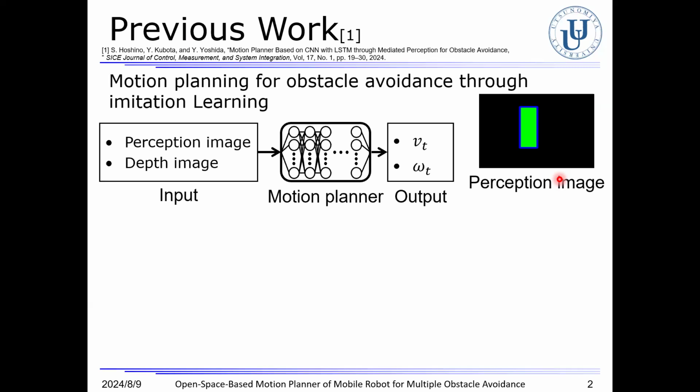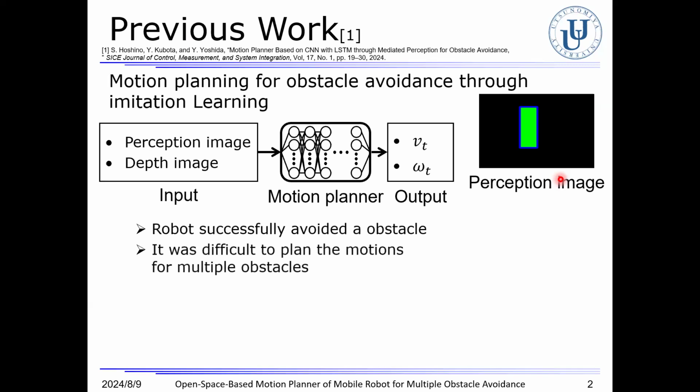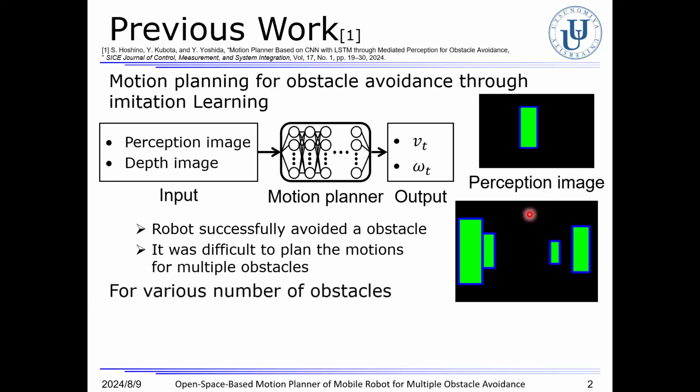With this approach, the robot successfully avoided an obstacle. However, it was difficult to plan the motions for multiple obstacles. This is because the robot was instructed to avoid a single obstacle. Therefore, the robot is required to plan avoidance motions for these obstacles. However, the motion instruction cost increases with the number of obstacles in a framework of imitation learning.